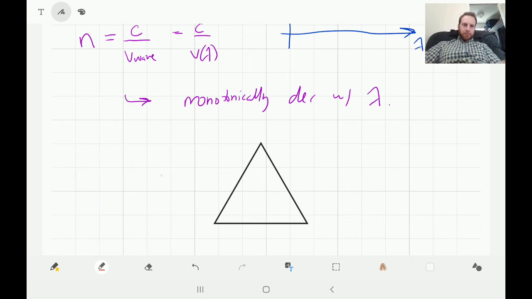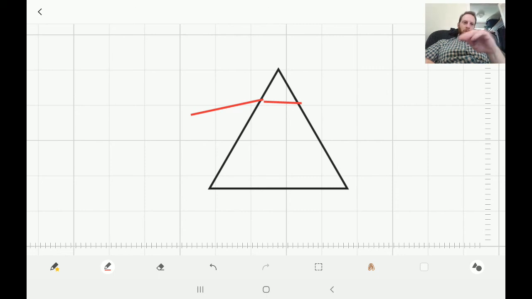You send in red light, and fair warning, this isn't going to be a great picture, but some amount of light goes into the prism, let's say made of glass or water or whatever, and it will bend at a smaller angle, and then when it gets out into the other medium, it bends at a bigger angle again. So the path would be something like this.